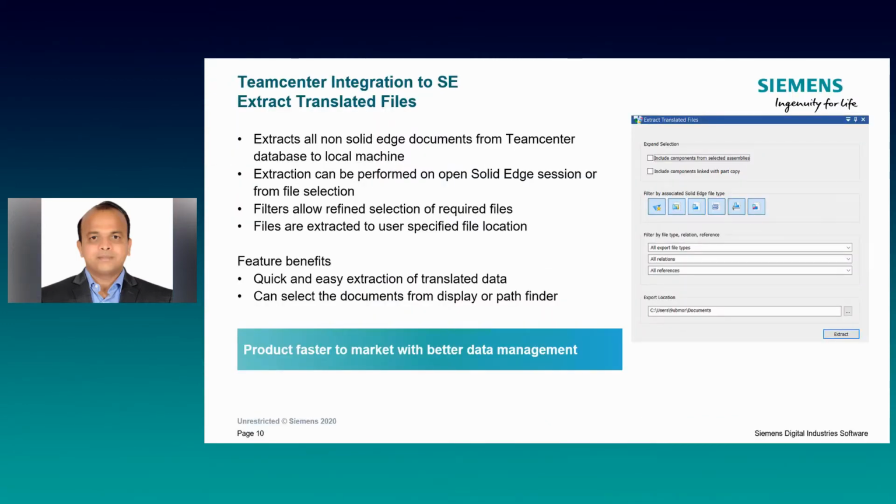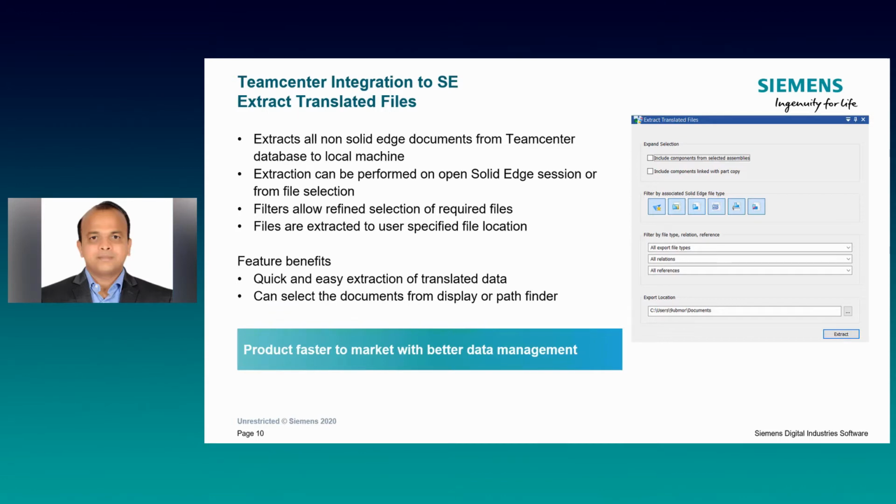So once you are able to manage the outputs in Teamcenter, at the end of the day or at some particular moment of time, you'd also like to export this information outside of Teamcenter and share it with downstream users or suppliers.